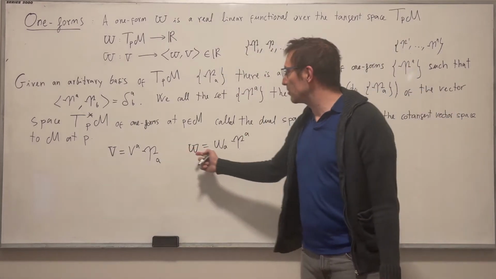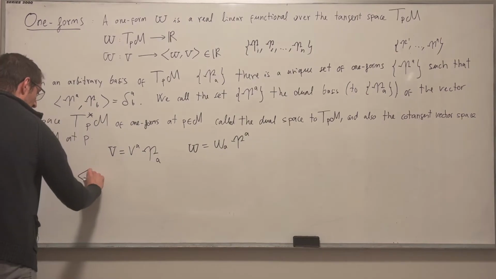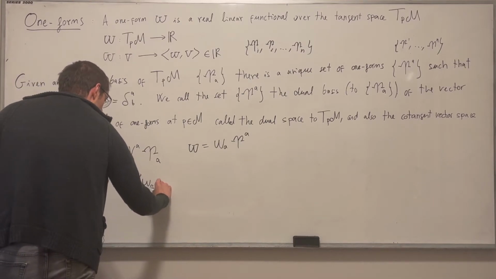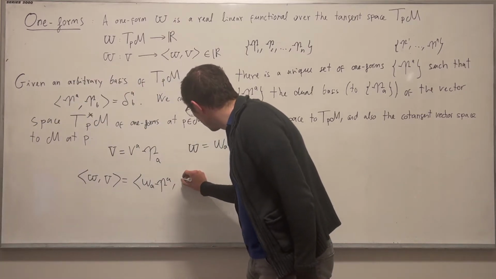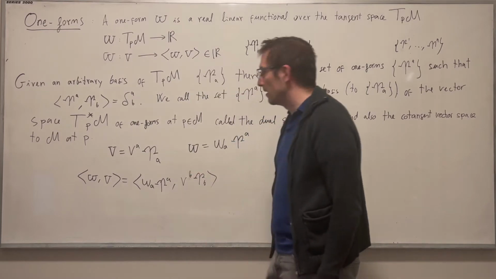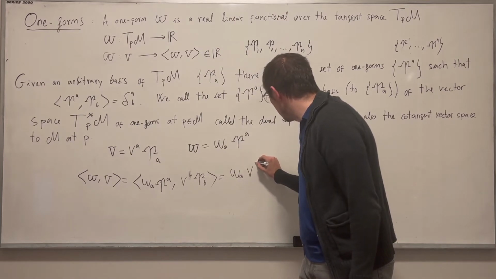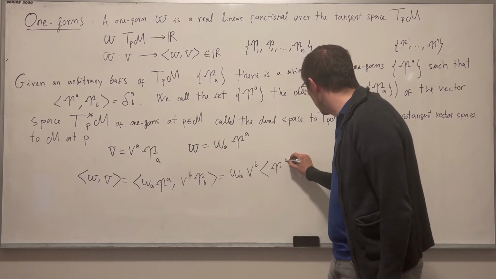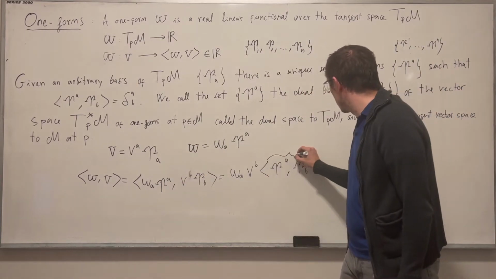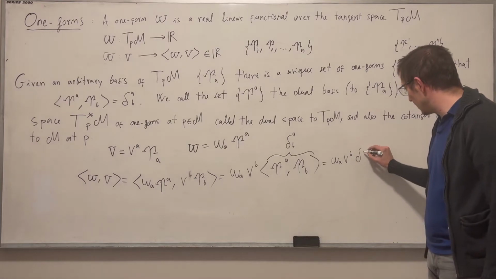So I have here an arbitrary vector and an arbitrary Oneform. So now we can write the action of the arbitrary Oneform omega on the vector V as omega acting on V. Well, that will be equal, let's just express omega in the basis, omega A, epsilon A, comma, V B, epsilon B. All right, now of course this is bilinear, so I can take out omega A V B, and then I'm left with epsilon A epsilon B. Right, and this is the dual basis to this one, so we know that this is the delta AB, and therefore this thing is omega A, V B, delta AB.